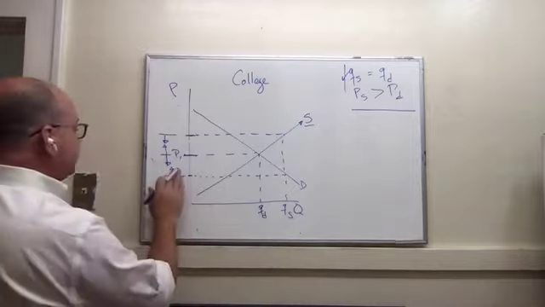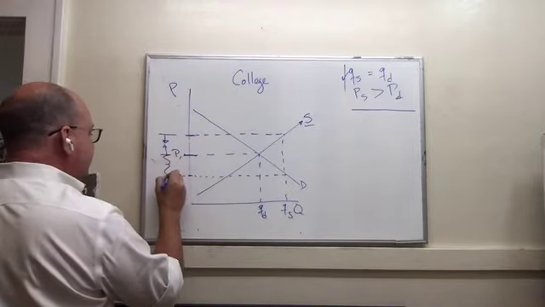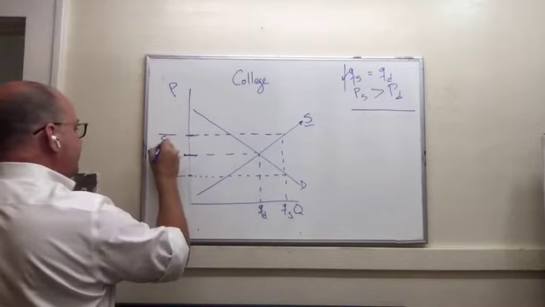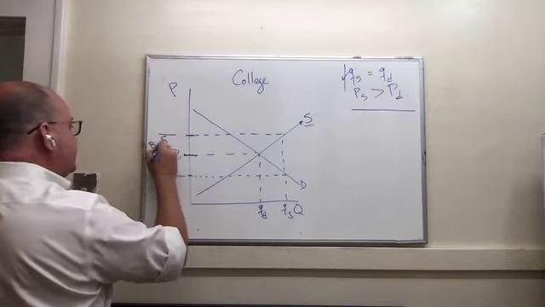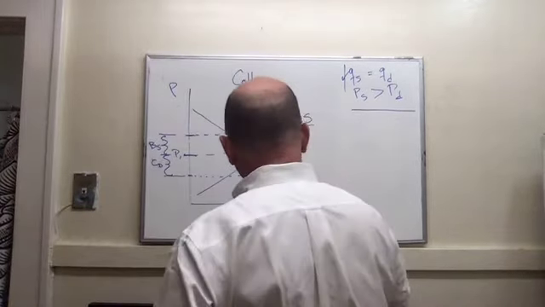So we now know that the cost to consumers would need to be somewhere in here, and the benefit to suppliers would need to be somewhere in here. Where would we be stable?